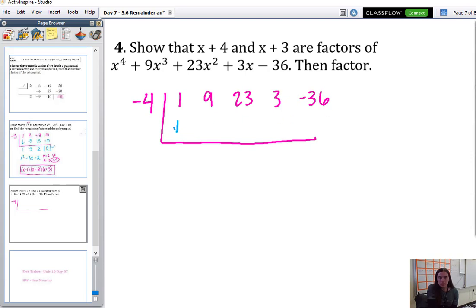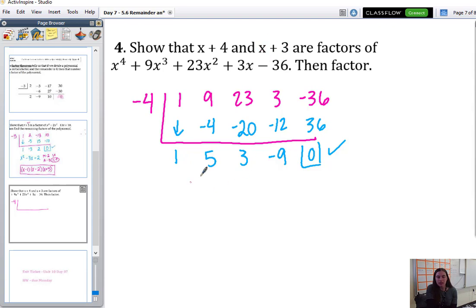I'm going to start by bringing down my 1, multiply, add, multiply, add, multiply, add, multiply, add. So far, so good. We got a remainder of 0. So we know x plus 4 is going to work. So now let's try the x plus 3. I'm going to take this second factor and only apply it to the leftover coefficients from after my first synthetic division.